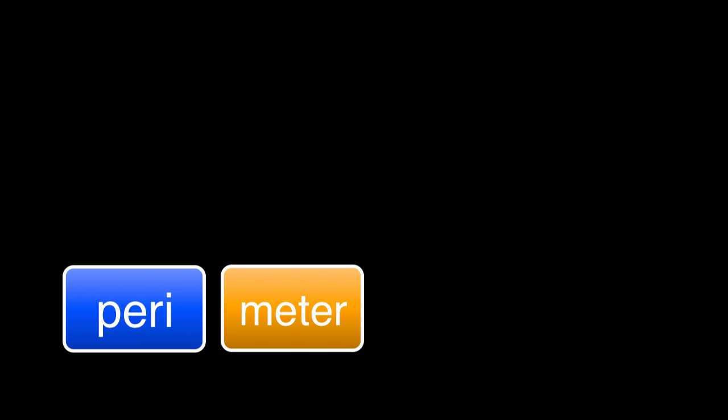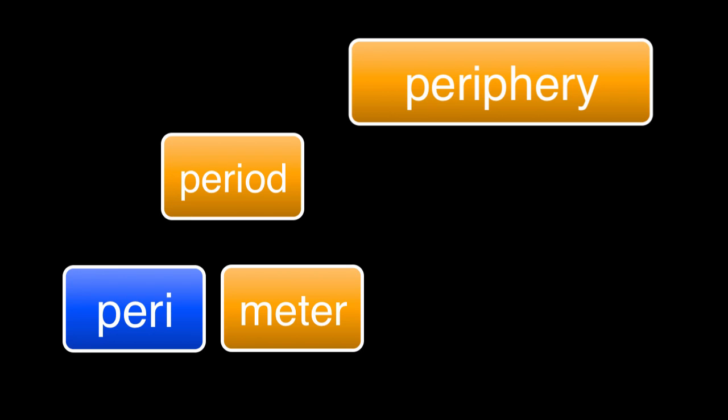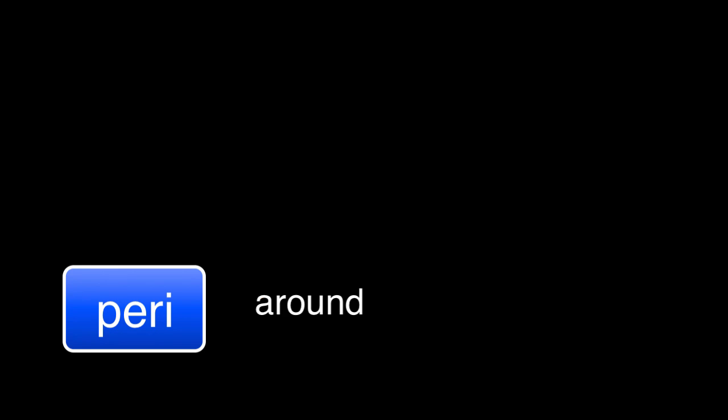You will notice that most Greek words are built of parts. And a lot of these parts, we already know them from English, although we may not realize that we know them. For example, in English, we have the word perimeter, we have the word period, periphery. This peri that we have in perimeter, period, periphery means around or near in Greek.